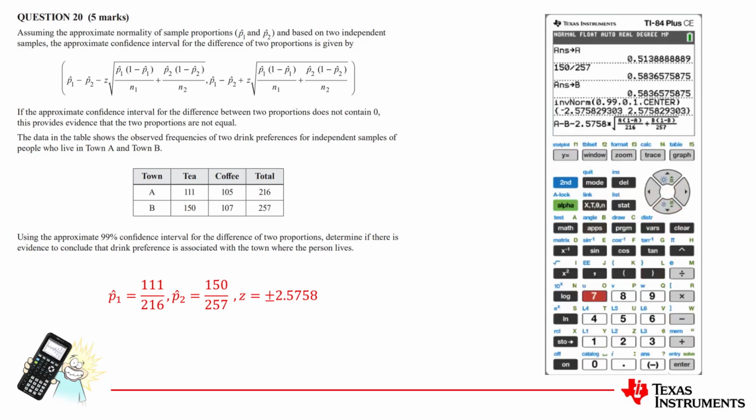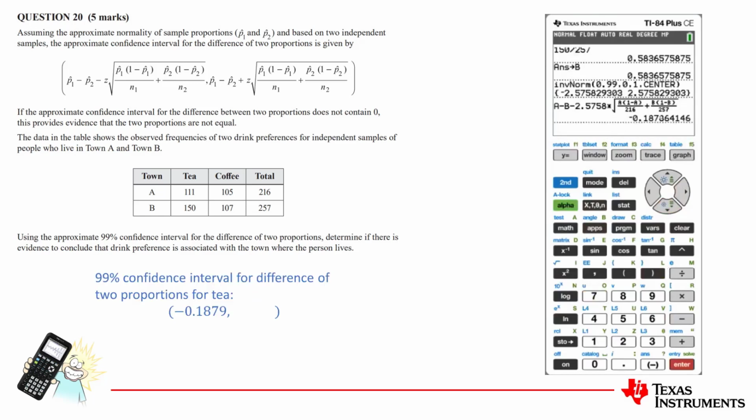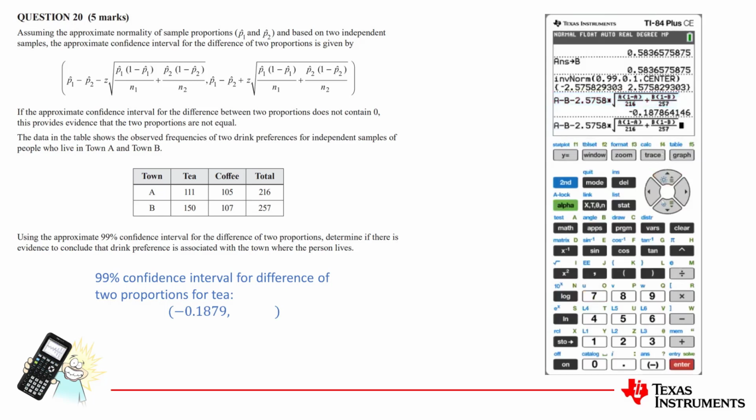So this is going to give me the lower limit of my 99% confidence interval for the difference of those two proportions. I press enter and I end up with negative 0.187. Now to find the upper limit, I'm just going to copy that equation down. The only difference between the lower and the upper one is that the negative in front of the Z score is changed to a positive.